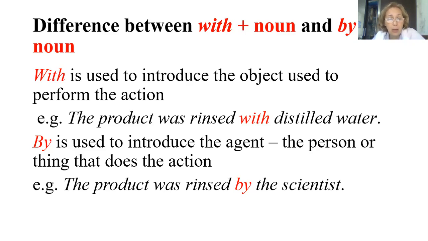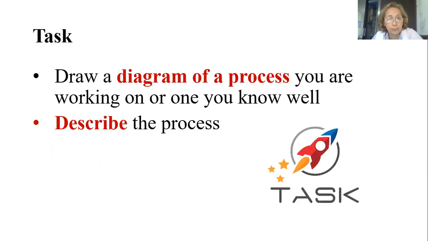And by is used to introduce the agent, the person or thing that does the action. For example: the product was rinsed by the scientist. Кем это действие было выполнено? We can use several prepositions after some verbs, and it depends on the context. Зависит от контекста, какой предлог мы должны использовать.